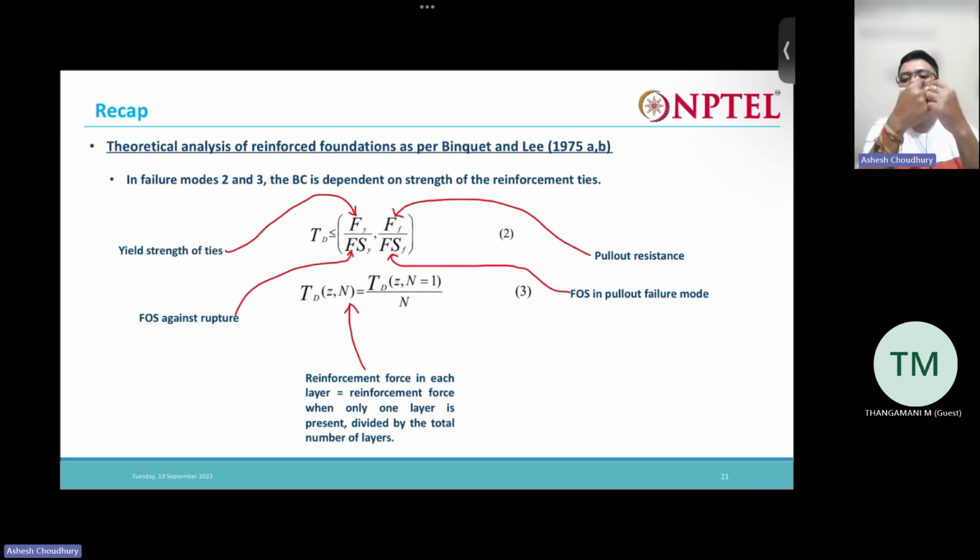Else what will happen? Else the reinforcement will get pulled out with the soil. So we must ensure that the pull-out resistance is greater than the load coming into the reinforcement, and also the yield strength is greater than the load coming into the reinforcement.